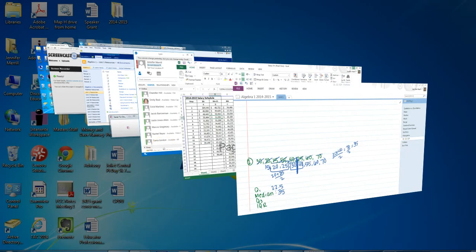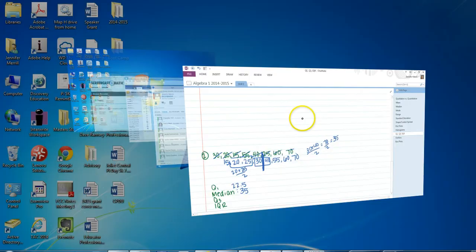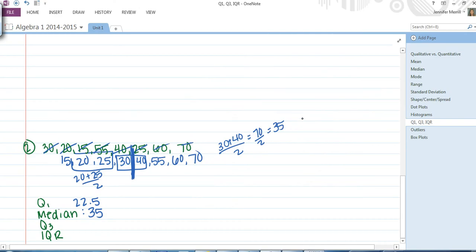In the second half, we're going to take 55 plus 60, which is 115, and divide by 2. And that gives us 57.5.